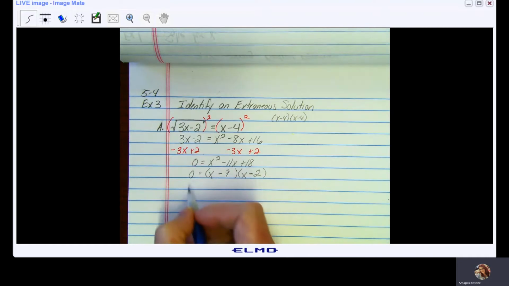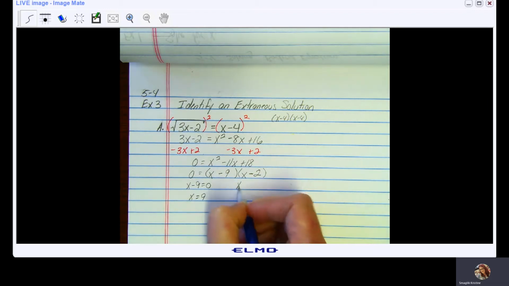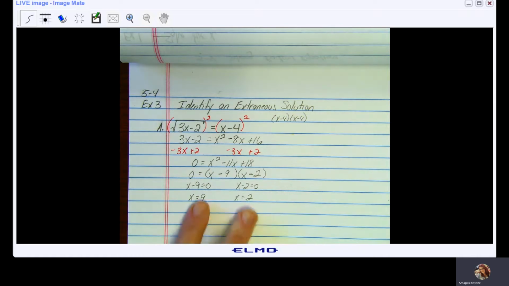Applying your zero product property to solve, x minus 9 equals 0. Here x equals 9. And here x minus 2 equals 0. x equals 2. Now we have two solutions, but one of these, or both, or none, might be extraneous solutions.